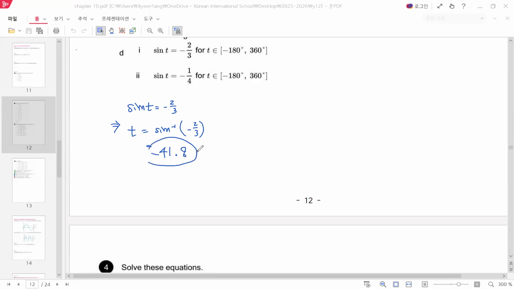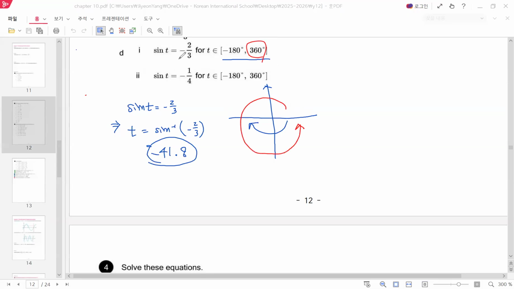You can find this value by using your calculator. Let's check the range. So negative 180, so 1/2 turn in the negative direction and 1 full turn. Do you understand?